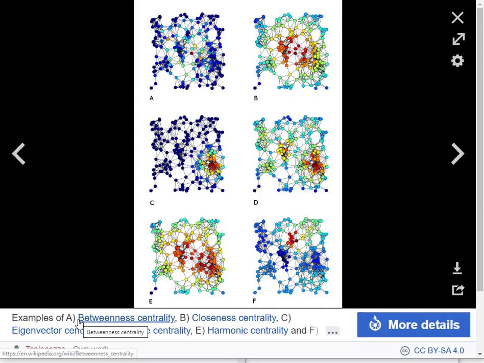So you can see the difference between betweenness, closeness, eigenvector, degree, and other centralities by looking at this figure here. For example, you can see that betweenness centrality gives more weight to the brokers, but not much weight to other nodes that are central but not brokering because of the existence of these few brokers. If you take a look at closeness centrality in B, you can see that it gives importance to nodes central to the network, regardless of their brokering power.